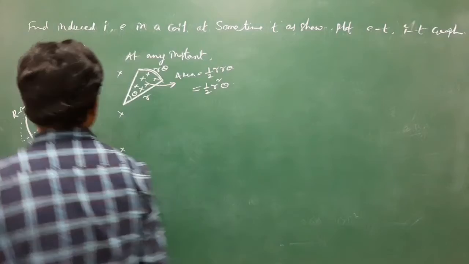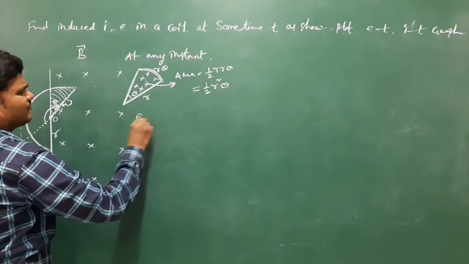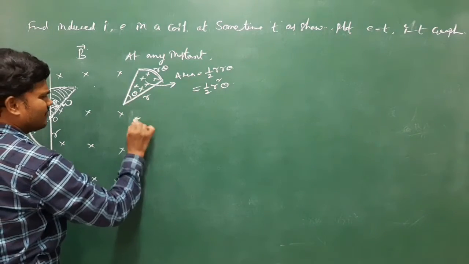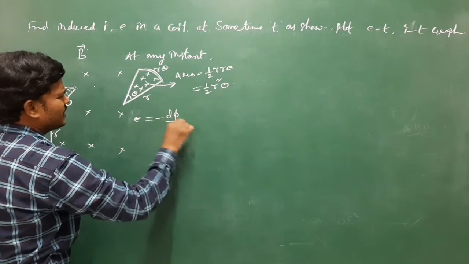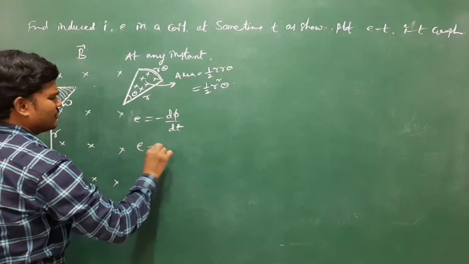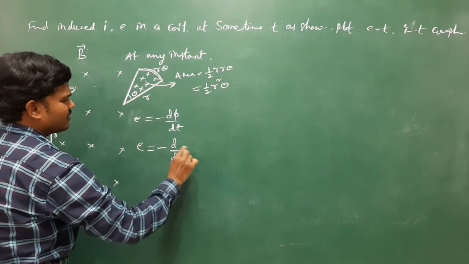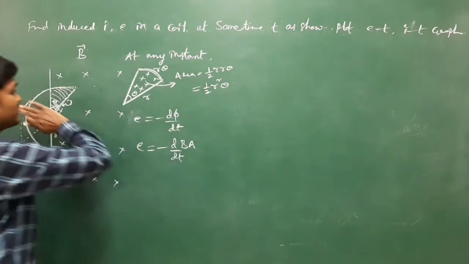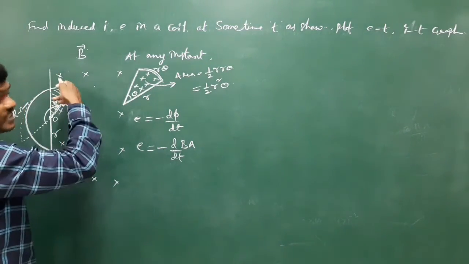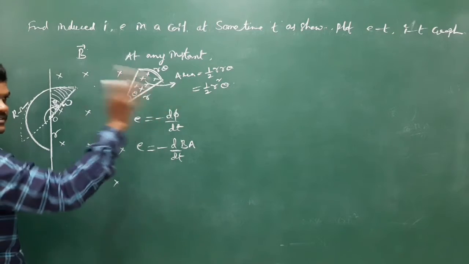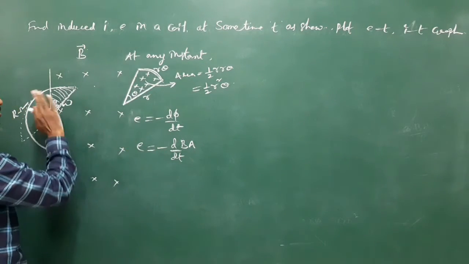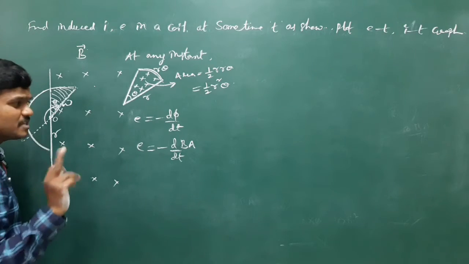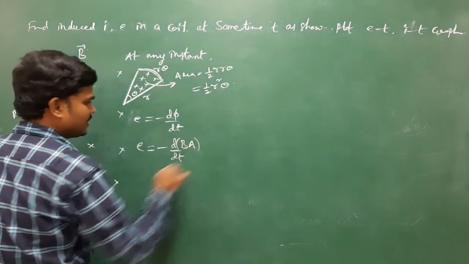So the area is clear. Let me write the flux in a general way. EMF is equal to minus d phi by dt, which is minus d by dt of BA cos 0, because the plane of the coil is normal to the magnetic field as the loop enters. So theta becomes 0 and we have BA.